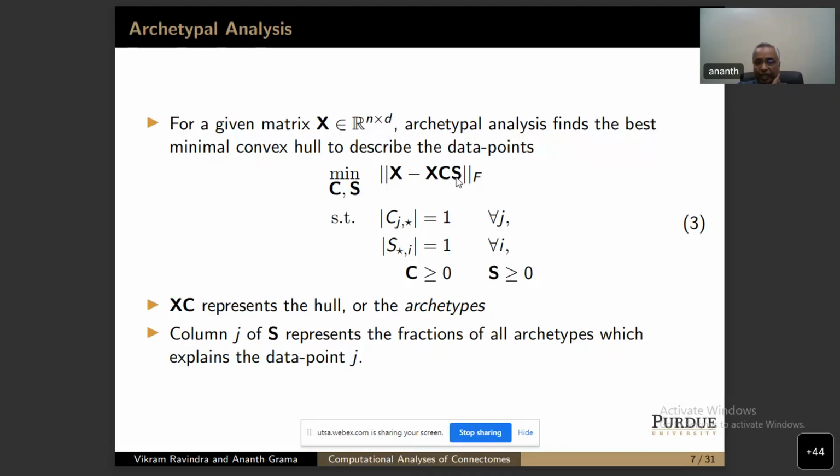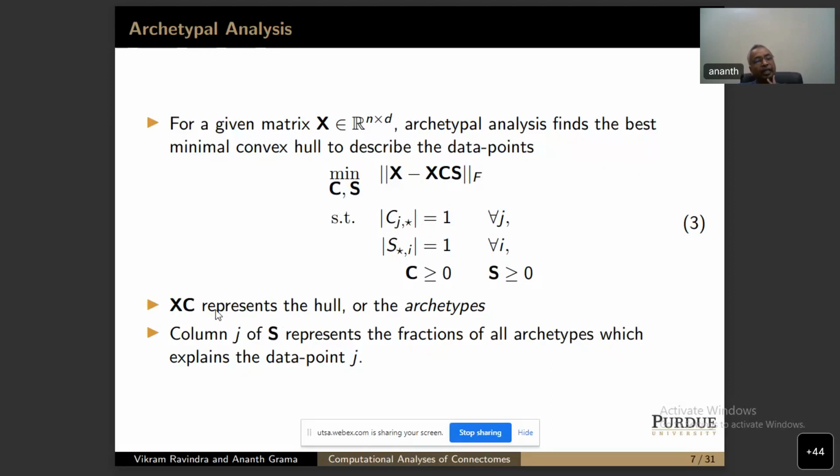So S is really the coefficients that I was talking about, 0.8, 0.1, and so on. This constraint corresponds to the convexity. In other words, they must all be positive and sum to 1. And also, since the archetypes themselves are convex combinations of data points, the matrix C itself has a convexity constraint on it. In other words, it's all greater than 0, and it sums to 1.